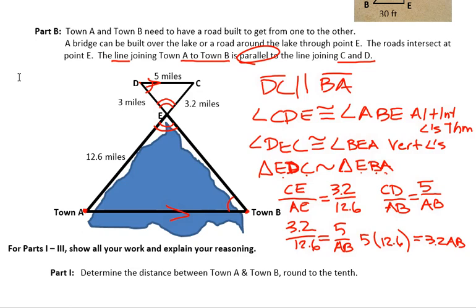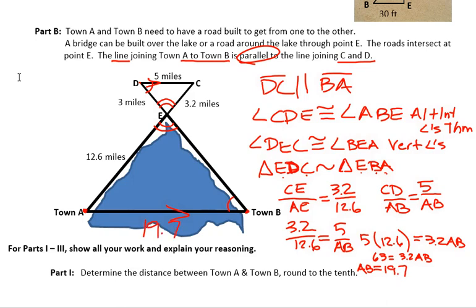And then we get 63 is equal to 3.2 AB. So AB is equal to 19.7 miles. Okay, so that means this down here is 19.7.